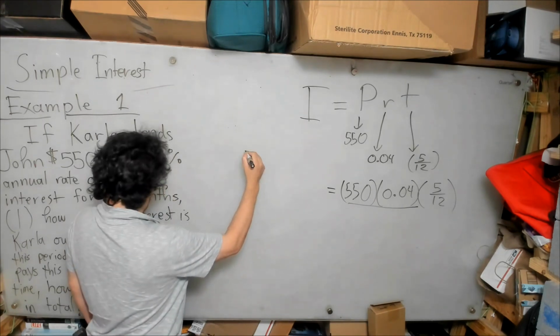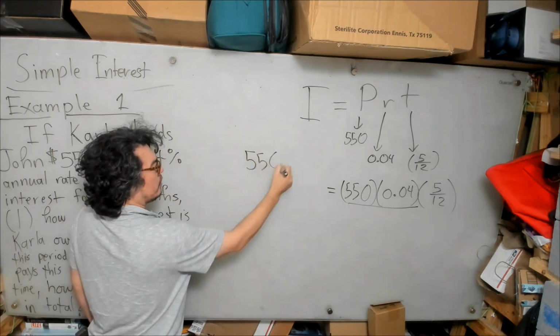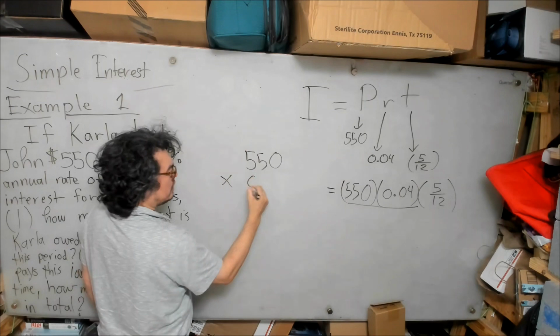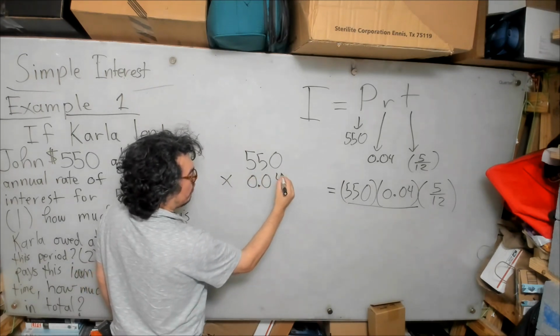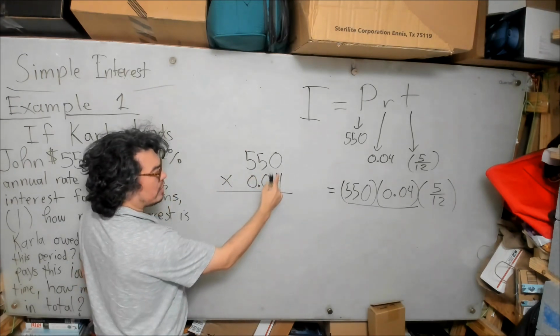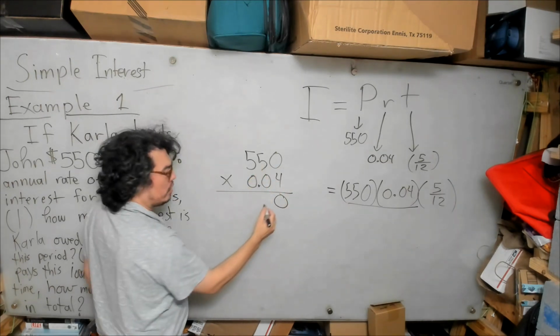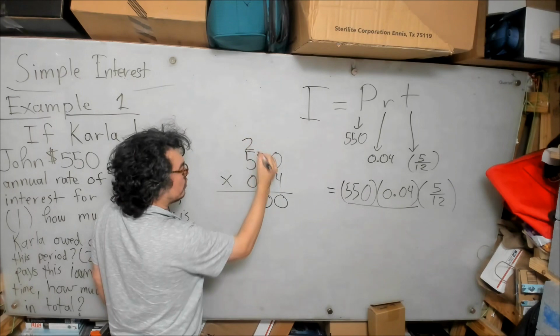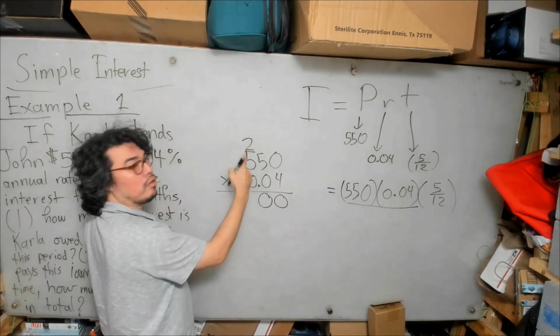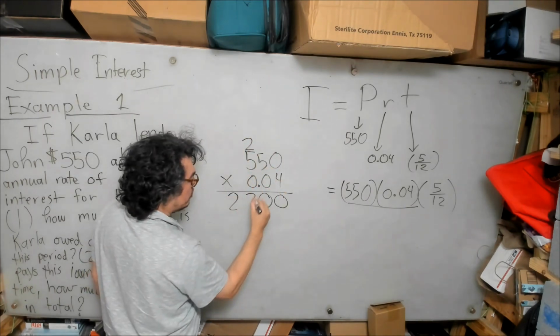Okay? So now I'm going to calculate these two first. So I get 550 times 0.04. 4 times 0 is 0. 4 times 5 is 20. So I bring down the 0 and I carry the 2. 4 times 5 is 20. Plus 2 is 22.